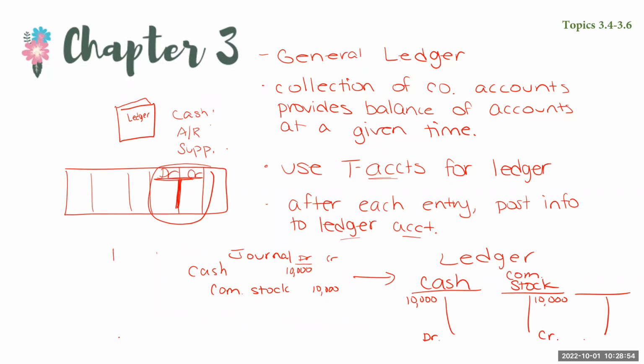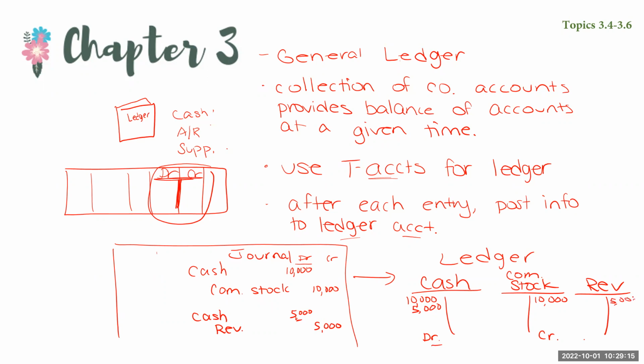Let me show you one more. Let's hit cash again. Let's say that we earned some revenue and our customers paid with cash, say 5,000. Revenue. Post, you just move it. It's a debit here, so keep it on the debit side. Credit, keep it on the credit side. Easy peasy.